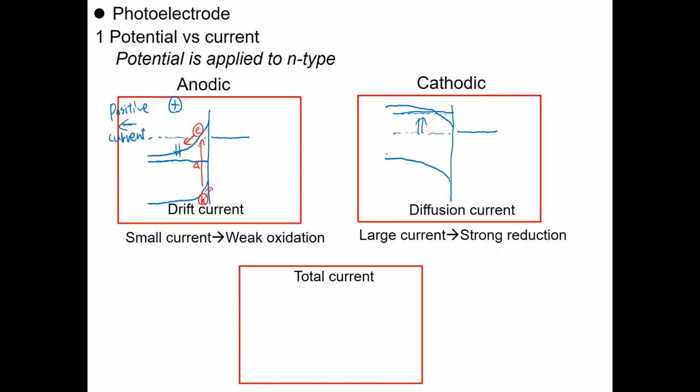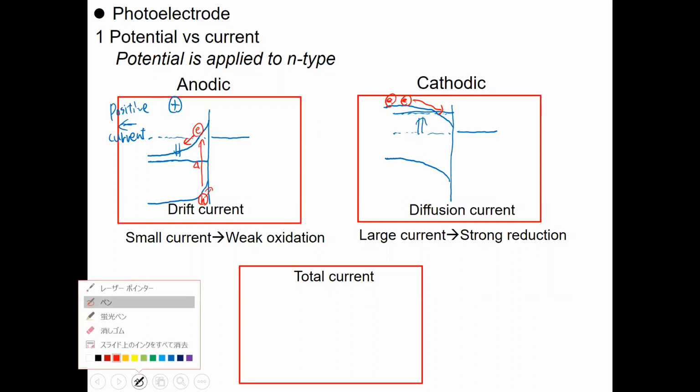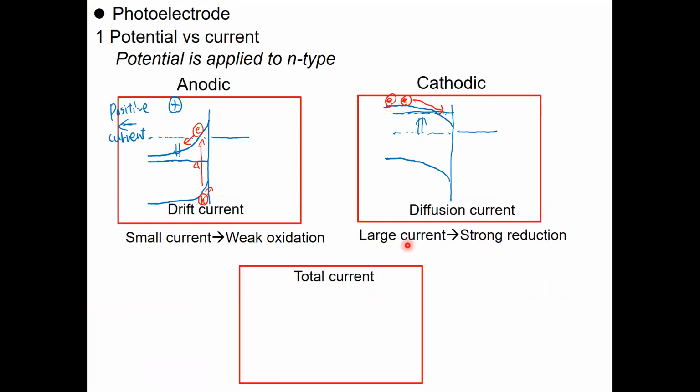So now what? Since this is an N-type semiconductor, it has many electrons in the bulk, and these electrons easily come to the interface, right? Because there's no barrier due to the ohmic-like contact. That's why the current itself is now large, because this current is originally the diffusion current.